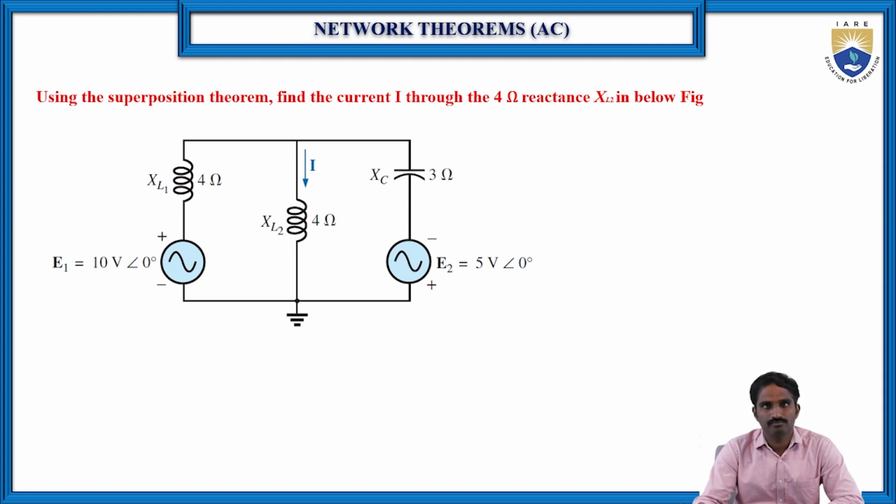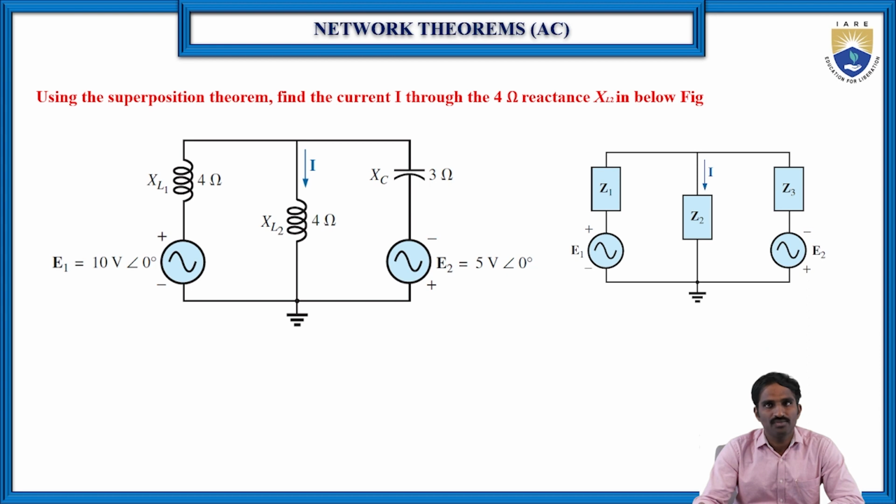Now, instead of representing XL1, XL2, XC, let us redraw this circuit by replacing all these reactances with the impedances Z1, Z2, Z3. Here XL1 is replaced with Z1, XL2 is replaced with Z2, and XC is replaced with Z3.